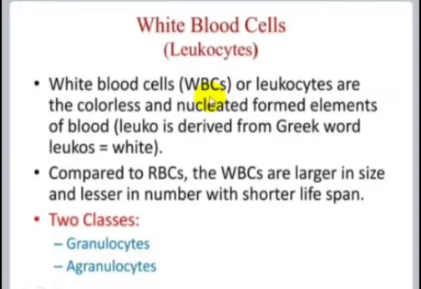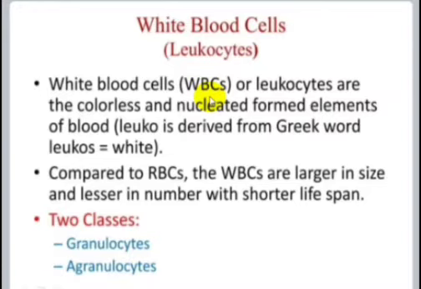But white blood cells are the nucleated formed elements of the blood, which means they have a nucleus. Sometimes the nucleus is multi-lobed, bilobed, or single, depending on the type of white blood cell.